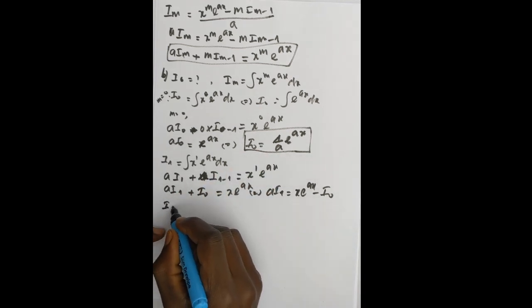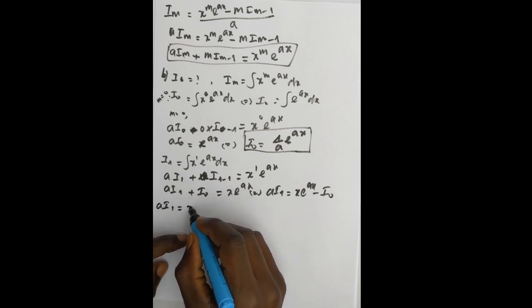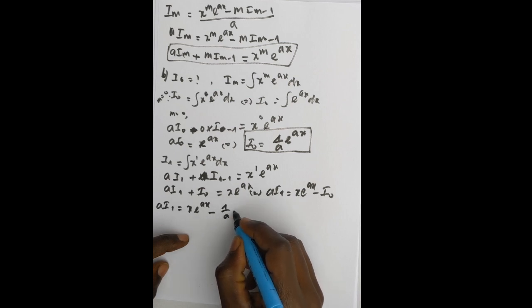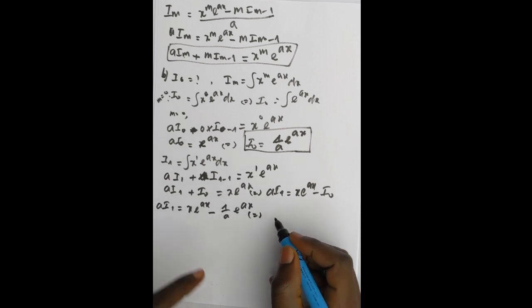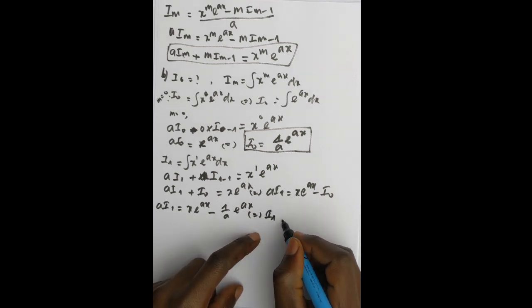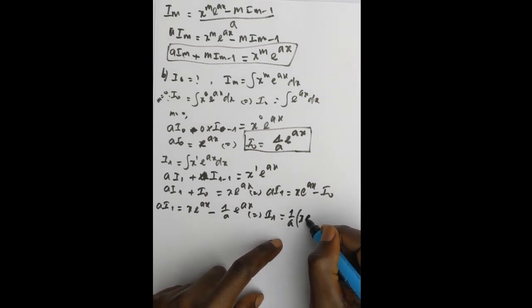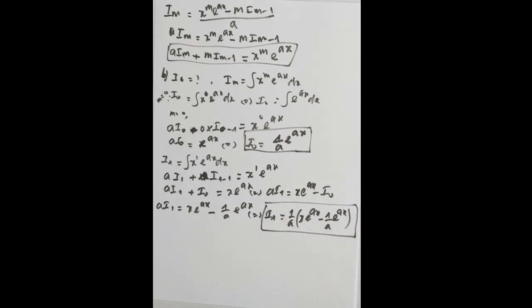So I will get E1 to be equal to x e power ax negative 1 over a e power ax. So I can get finally E1 equals 1 over a bracket of x e power ax negative 1 over a e power ax. This is the value of E1.